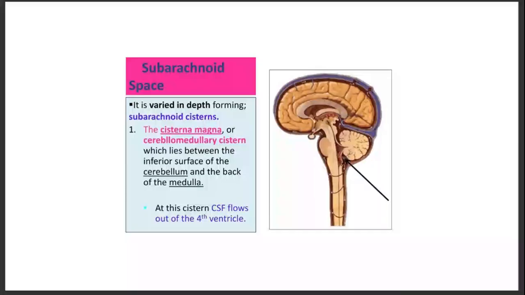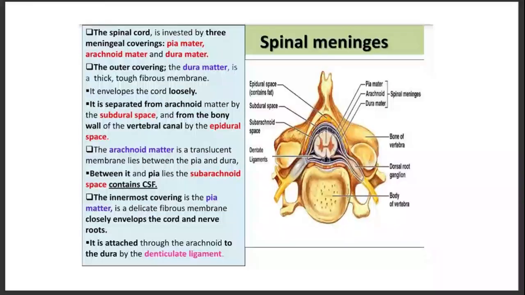Now, take note that cerebrospinal fluid is actually found in the subarachnoid space. So moving from the fourth ventricle, cerebrospinal fluid will enter the subarachnoid space, and then it will flow into the dural venous sinuses, which are blood vessels, and then it will be taken back into the blood.